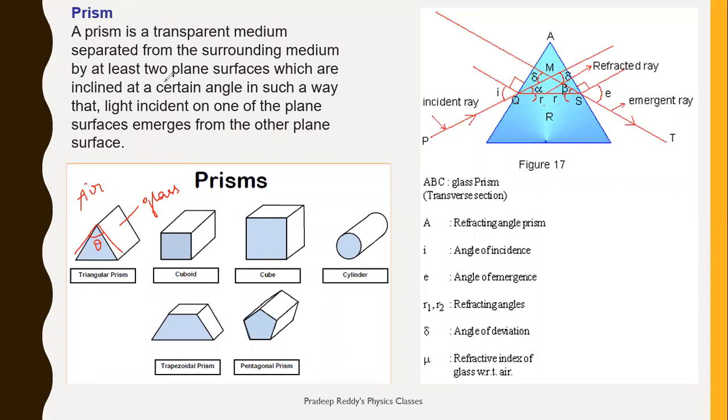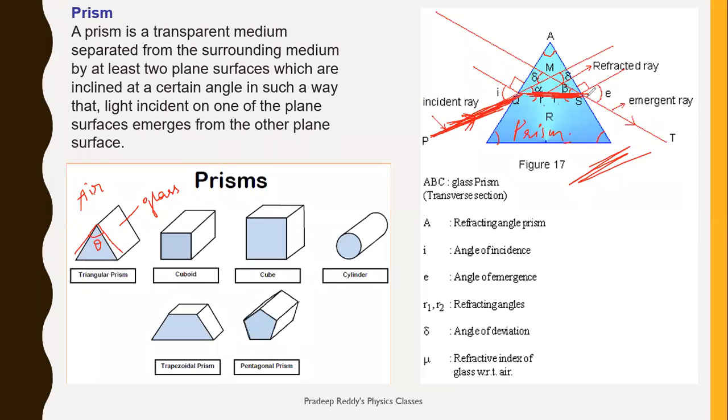As shown in this figure, we have a prism. This is a triangular prism, an equilateral triangle prism. See, all three angles will be equal. Now, when the light ray is incident onto the prism, this is the incident light ray. It enters the prism and undergoes refraction.